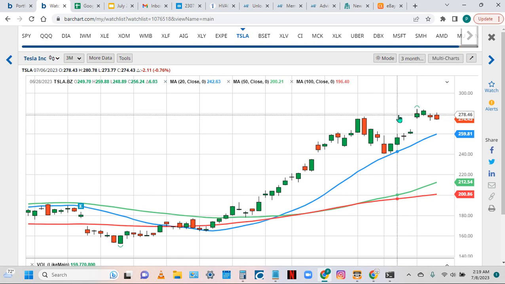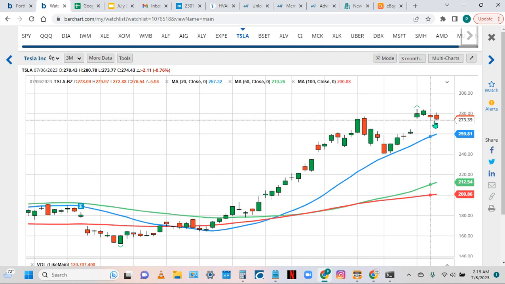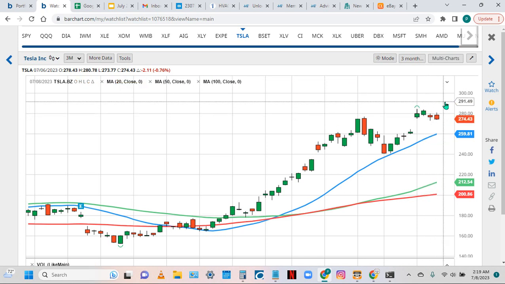And then this weak new high would be a concern to me if I was a Tesla owner, but it wasn't as dramatic of a price move on Thursday and Friday as the rest of the market. So while it's looking a little bit weak right now, I would not count out Tesla, but it looks to me like it's a little bit weaker than Expedia.